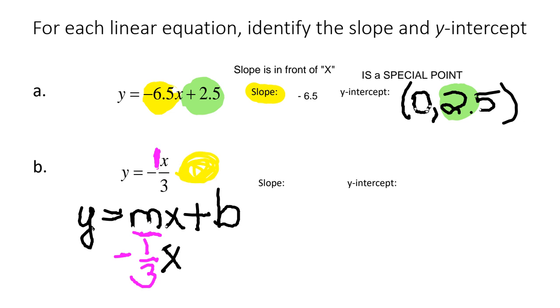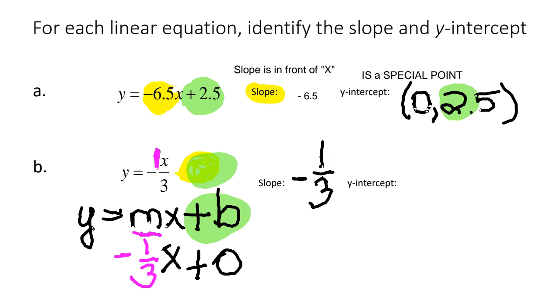So therefore, since there's nothing there, my b is going to be +0. My slope is a -1/3. Now, be careful.